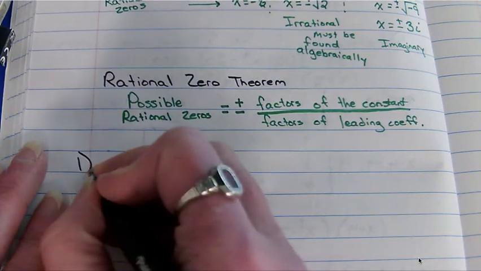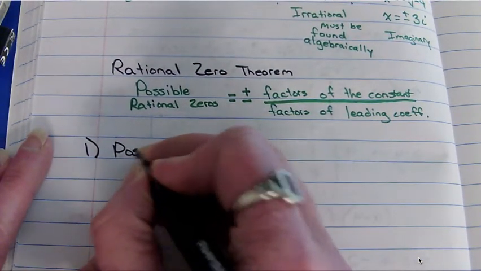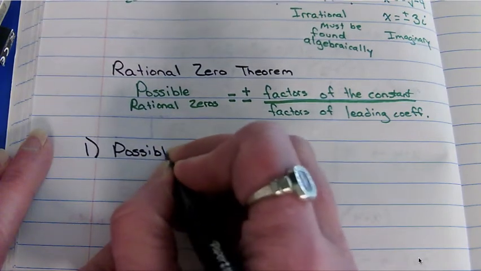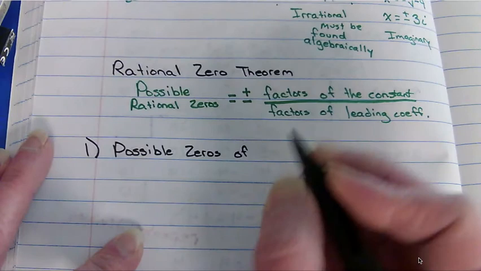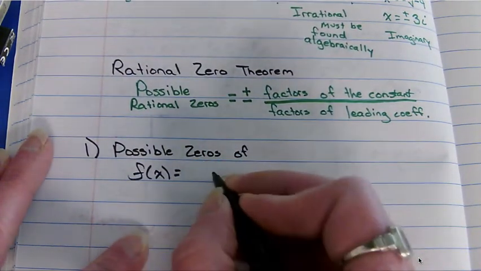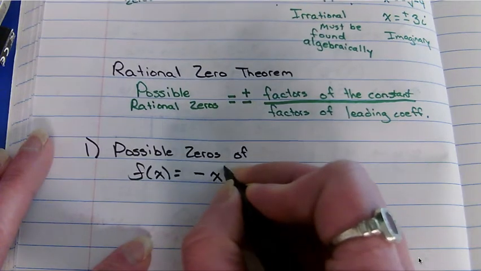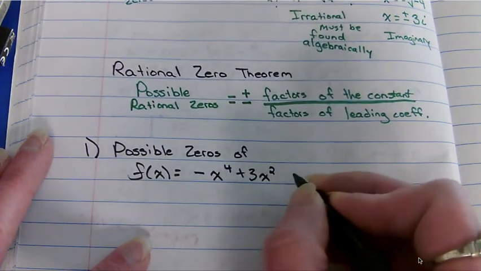So let's just take a moment and find all the possible zeros of f of x equals negative x to the 4th plus 3x squared plus 4.